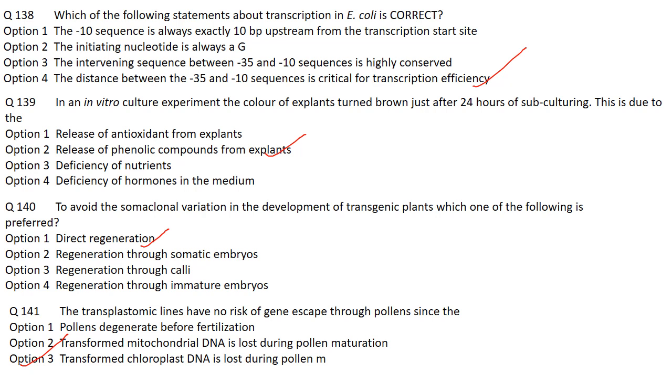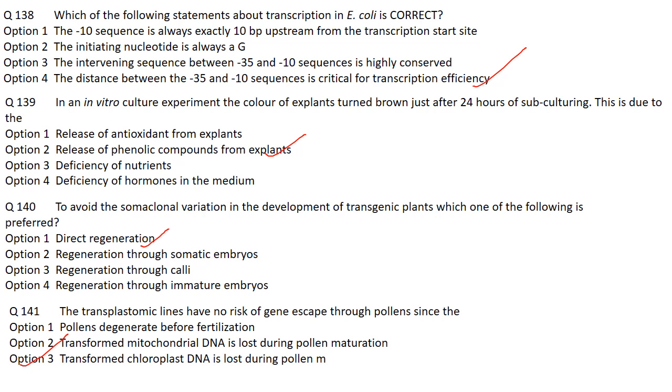Which of the following statements about transcription in E. coli is correct? The -10 sequence is always exactly 10 base pairs upstream of the transcription start site. The -10 region ranges from the 6th to the 12th base preceding the transcription start site. So option one is not correct. The initiation nucleotide is always G. All protein transcripts start with methionine, which is depicted as AUG codon.